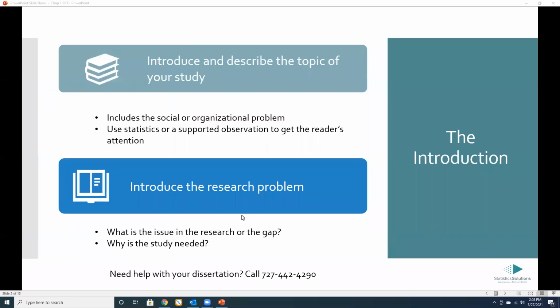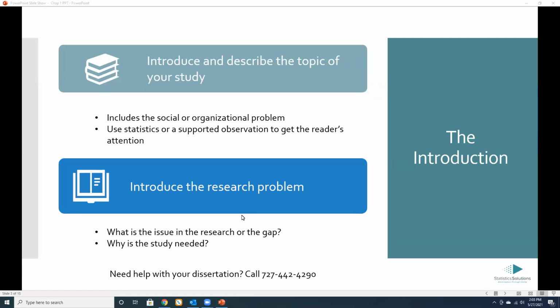All right. So it goes into the introduction of the introduction chapter. It's introducing the chapter, but it's also introducing your study. So you want to start with what the problem is. Usually there's some kind of organizational problem or a social problem. It could be, say, the attrition of special education teachers, right?